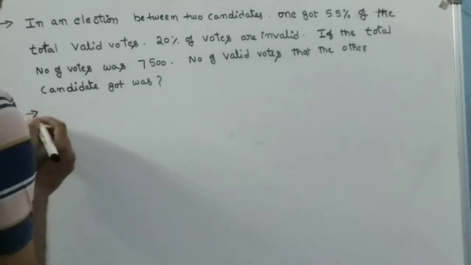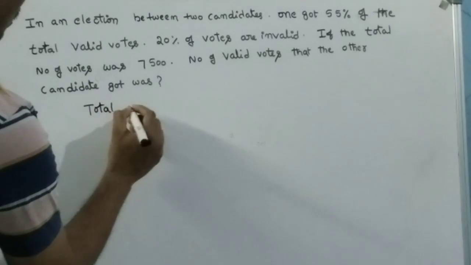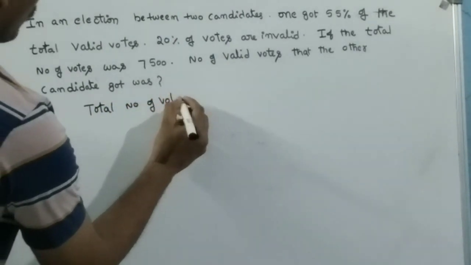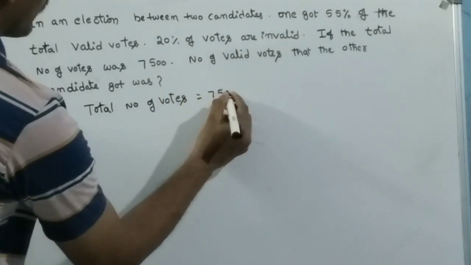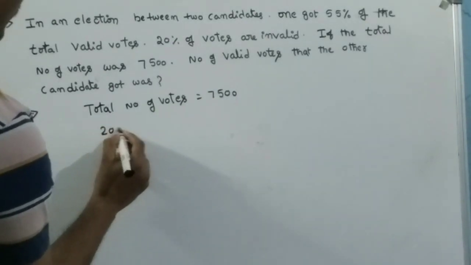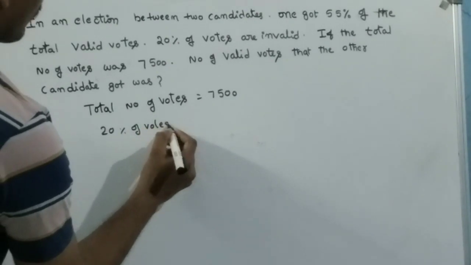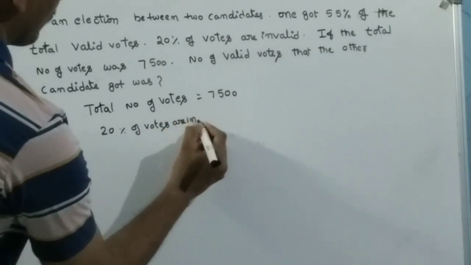See friends, what he has given: total number of votes is 7,500. Out of this, 20% of votes are invalid.